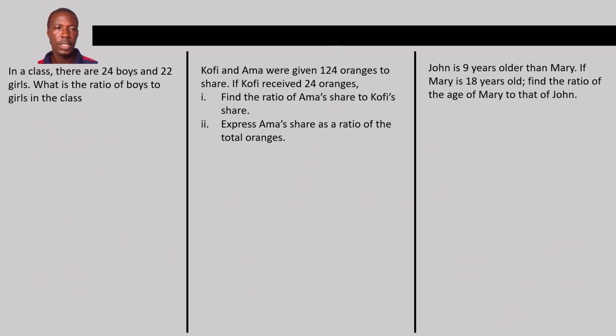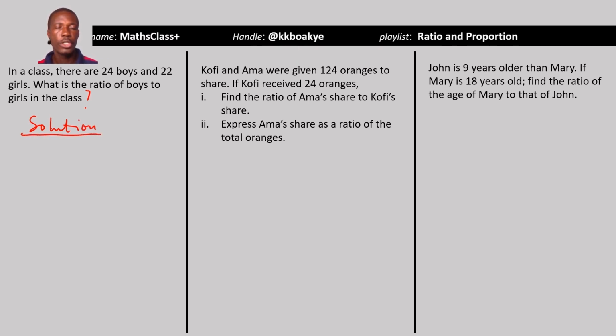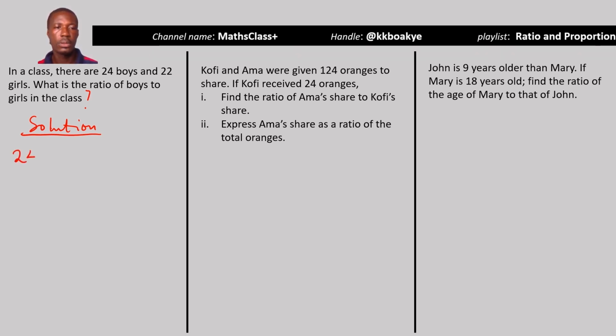Example: in a class, there are 24 boys and 22 girls. What is the ratio of boys to girls in the class? So, our solution: the ratio of boys to girls is 24 to 22.